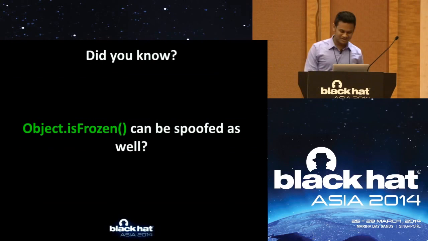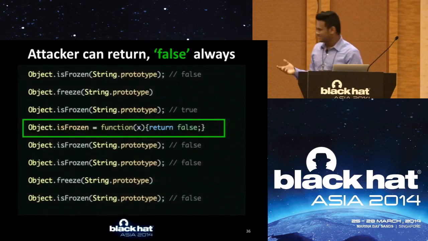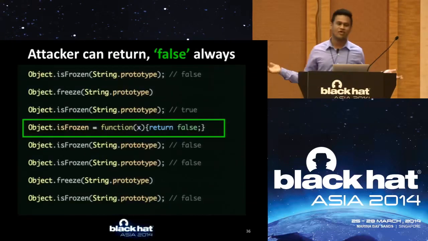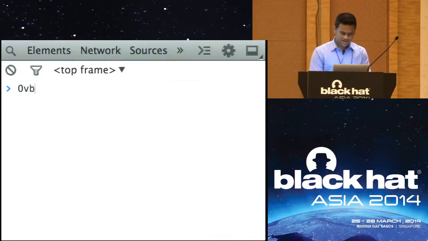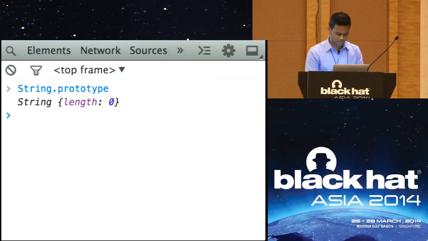As you can see here, an attacker can always return false for Object.isFrozen, right? So let's say that we have an object called String.prototype. String.prototype is an object here. Now let's try and say Object.isFrozen of String.prototype.